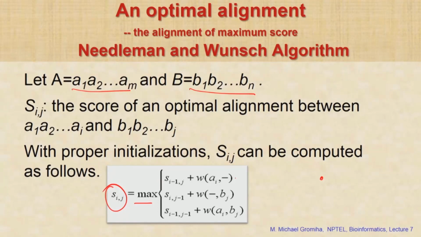First way is whether it is insertion or deletion, or this is a matching score or mismatching score. You weight depending upon A and B. If it is a match, we give the match score. If it is a mismatch, we give the mismatch score. Otherwise, we give the gap score. We take the maximum values, because why did he take the maximum? To maximize the score. Because we want to have the best alignment. So, with all the three conditions, he took the maximum of all the three options.